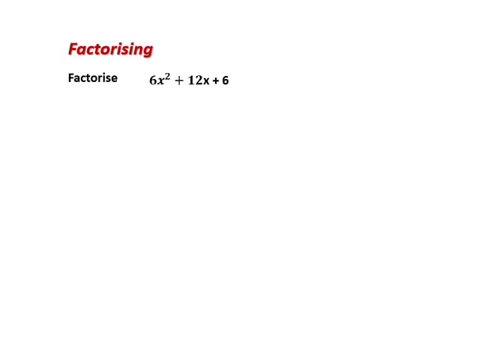Now factorize this one. Now this is a lot more difficult because here there's a number, a constant, in front of the x squared, 6. So we need 6x squared plus 12x plus 6. Nonetheless, we can go about it in the same method. Well, we could do this, I suppose.